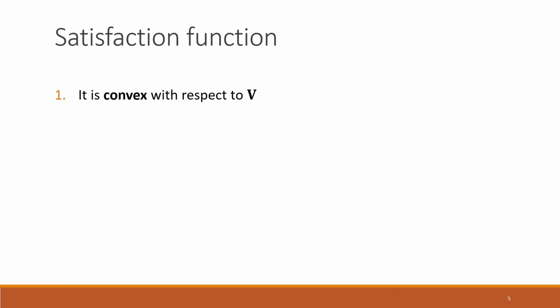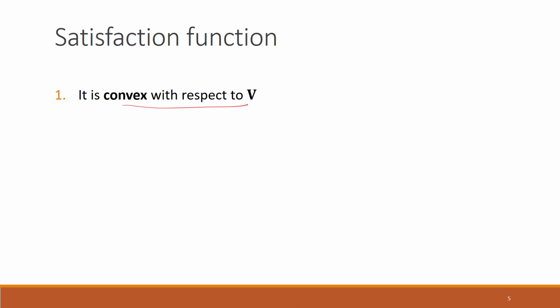The first property is that the satisfaction function is convex with respect to the systematic utility vector V. We are not going into the derivation of this, but the idea behind it is that the max function is actually a convex function.